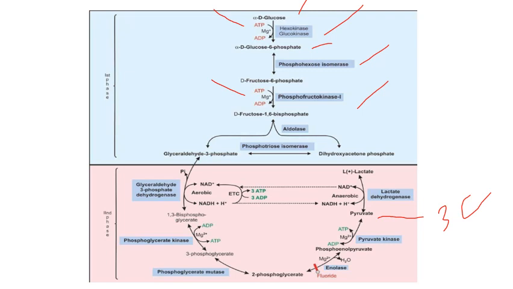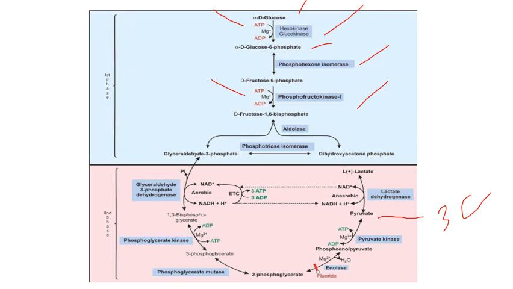Again, a second phosphorylation occurs to fructose 6-phosphate by PFK enzyme, that is phosphofructokinase, to form fructose 1,6-bisphosphate. These three, step 1, 2, 3, are known as the preliminary or preparatory steps of glycolysis.